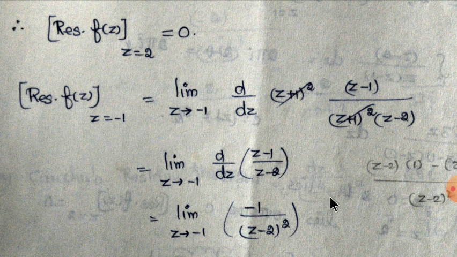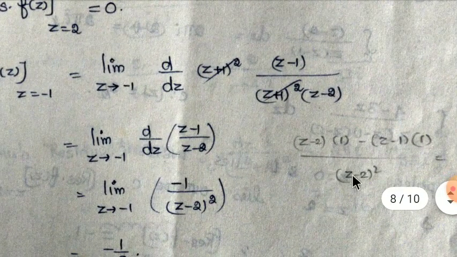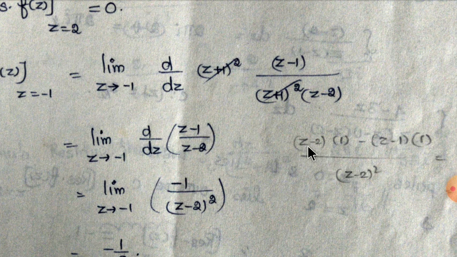This is v u dash minus u v dash over v squared: (z minus 2) times 1 minus (z minus 1) times 1, over (z minus 2) whole squared. Let us simplify this: z minus 2 minus z plus 1, so z gets cancelled. Minus 2 plus 1 is minus 1, by (z minus 2) whole squared.